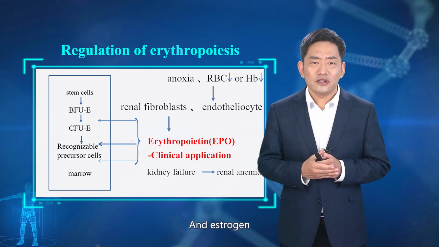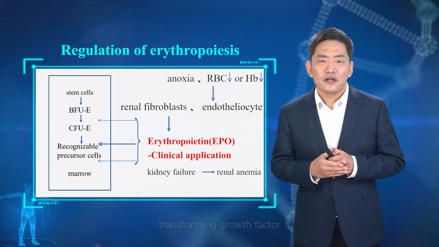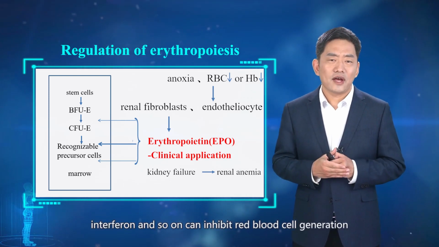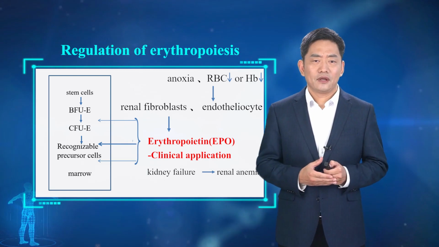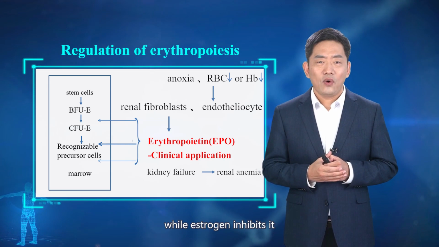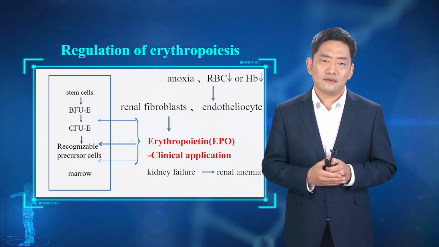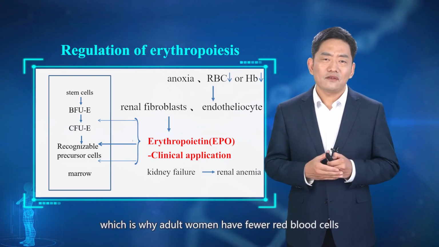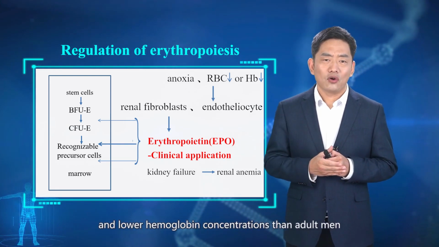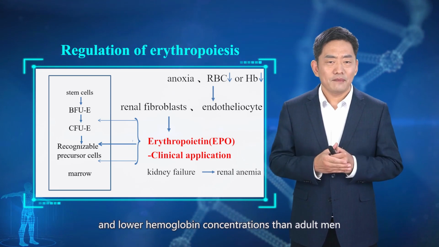And estrogen, transforming growth factor, interferon, and so on can inhibit red blood cell generation. Androgen stimulates red blood cell production, while estrogen inhibits it, which is why adult women have fewer red blood cells and lower hemoglobin concentrations than adult men.